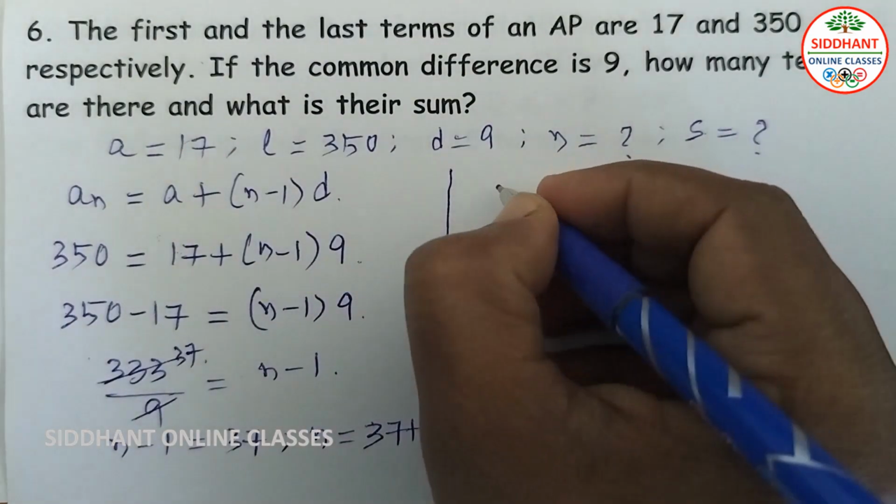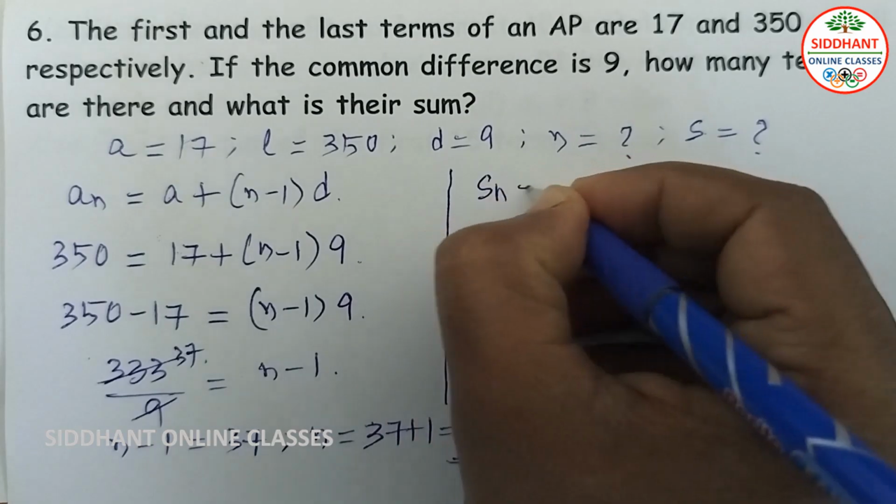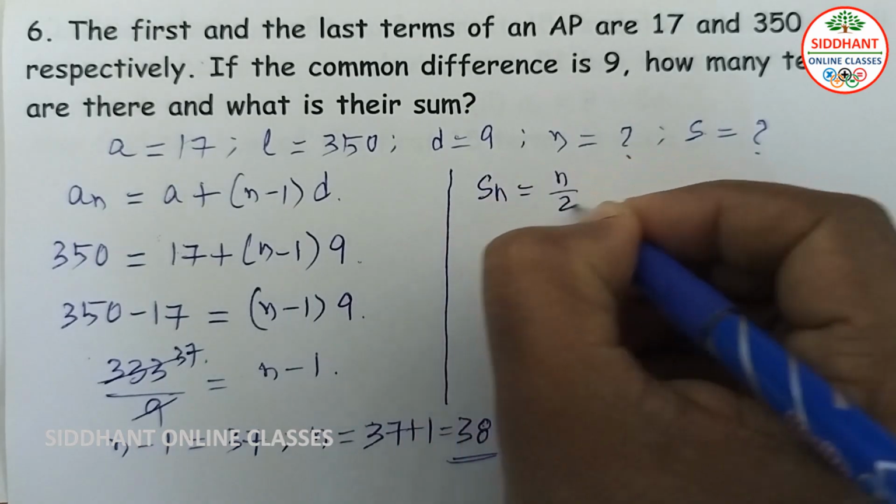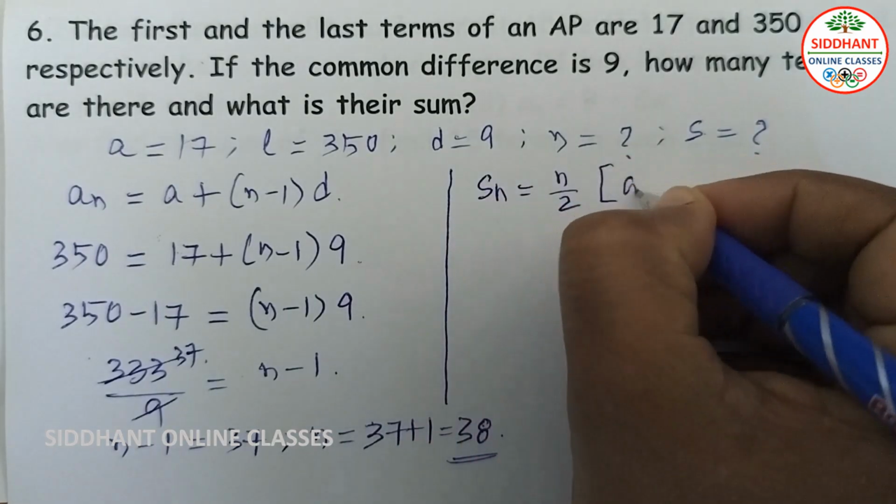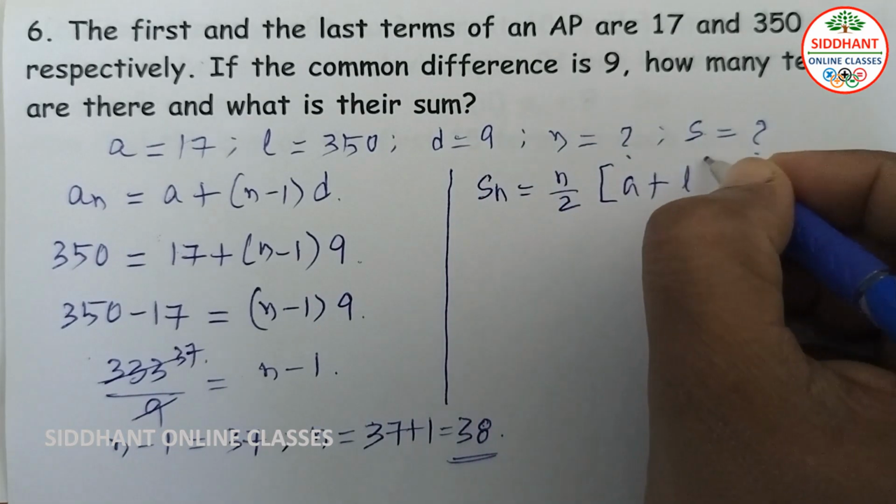Next we are going to find the sum here. Sn equal to n by 2 (a plus l).